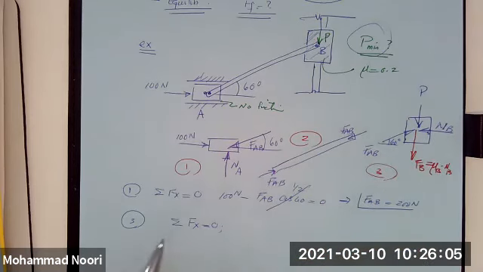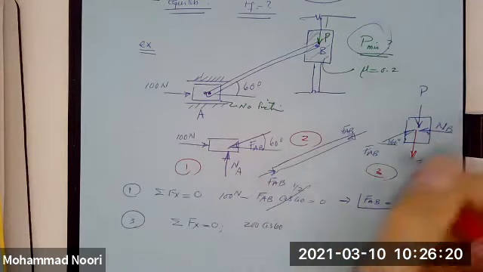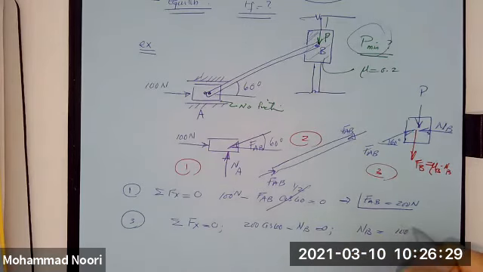You have 2 unknowns and 2 equations of equilibrium. So I use the first one as summation of forces along X equal to 0. That gives me 200 cosine of 60 along x minus NB is equal to 0. So NB comes out to be 100 Newton.